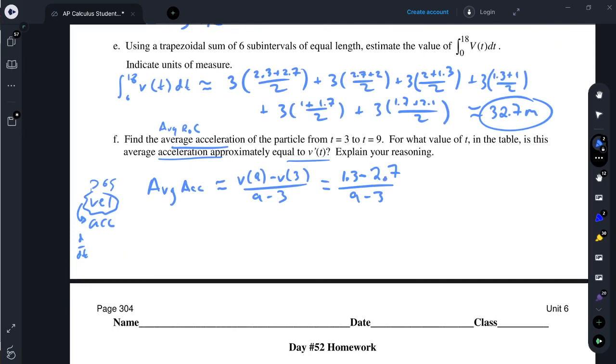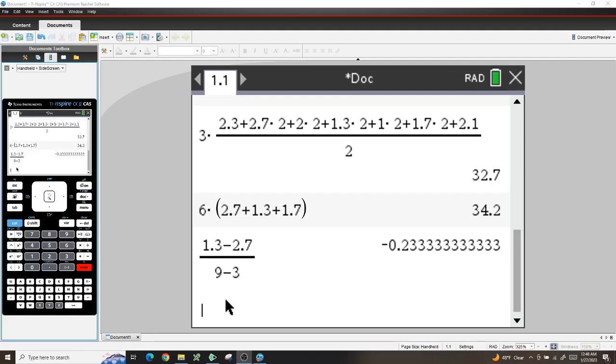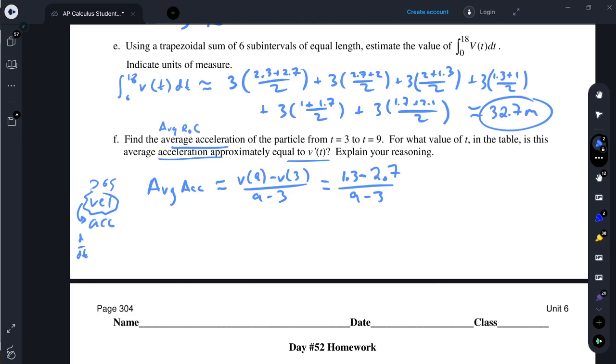Then you'll type that into a calculator, and we get negative 0.23 repeating. And for our units, this is going to be meters per second squared, right? I said when we go down the chart, we add on a per second. So we had meters per second, now we're going down the chart, right? That's going to be meters per second squared.